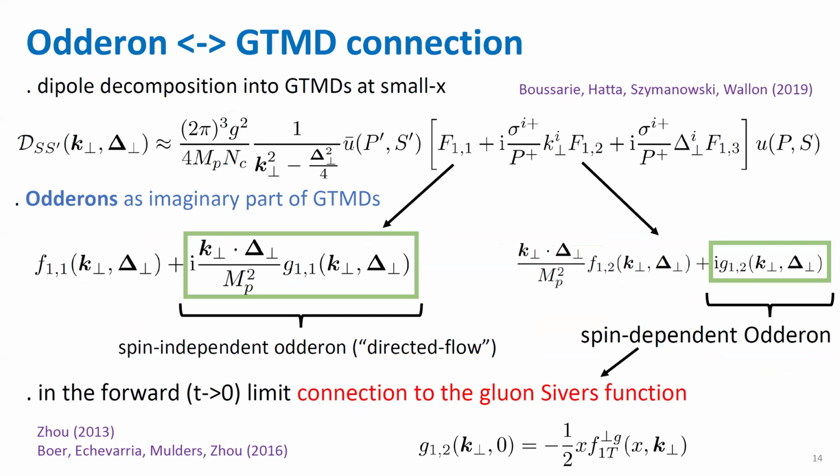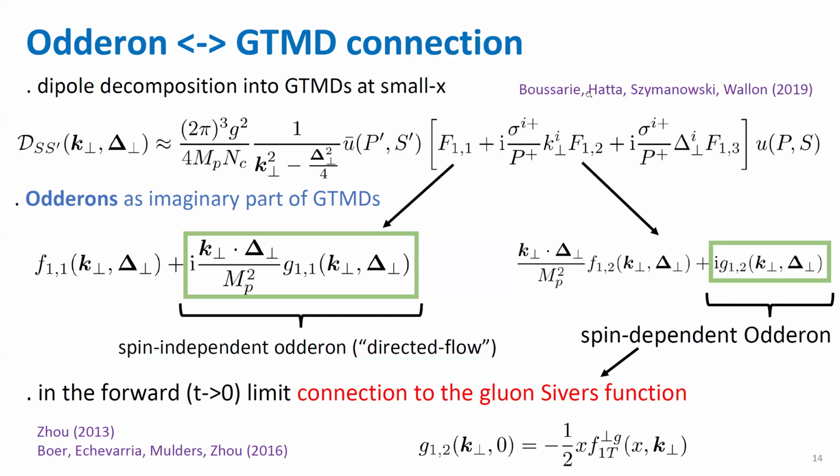The final remark I want to make before going into more details of the computation is to make a connection with GTMDs. If you think about the dipole, this is already a kind of GTMD. It depends on the intrinsic kT, and it also depends on the momentum transfer.